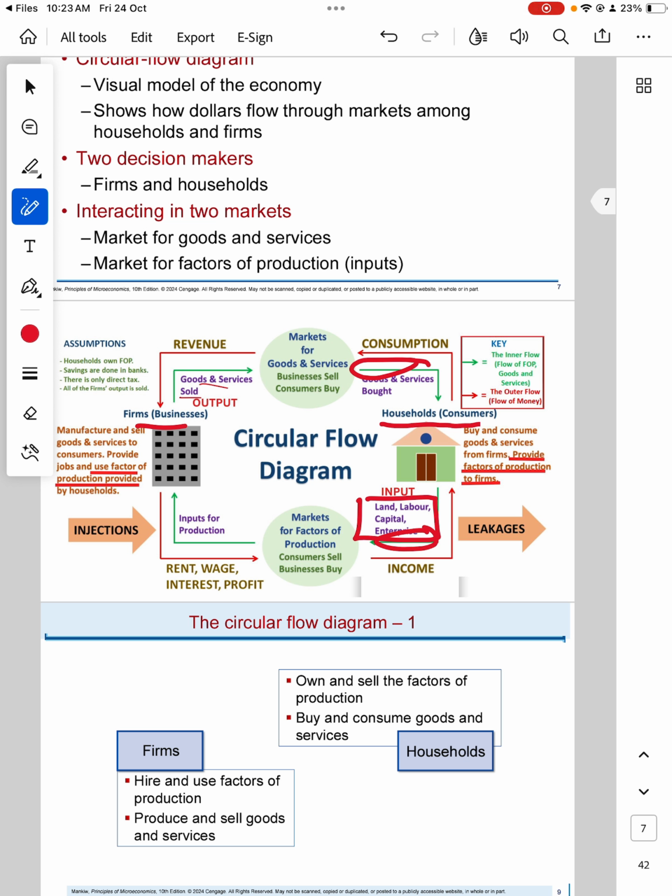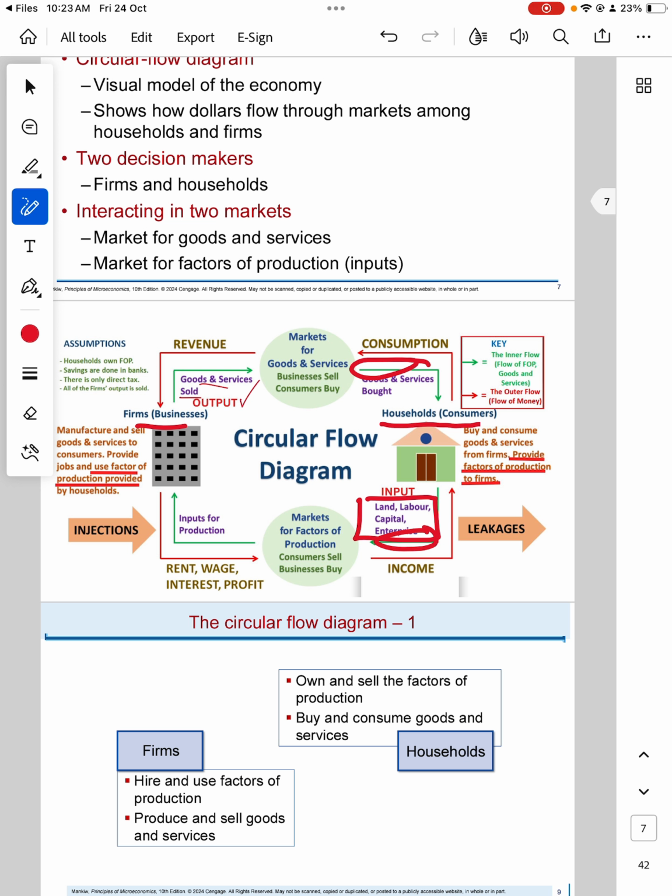First, households or consumers will provide the input: land, labor, capital, and entrepreneurial skill to the firm. The firm will use all this input to produce the output. What output?